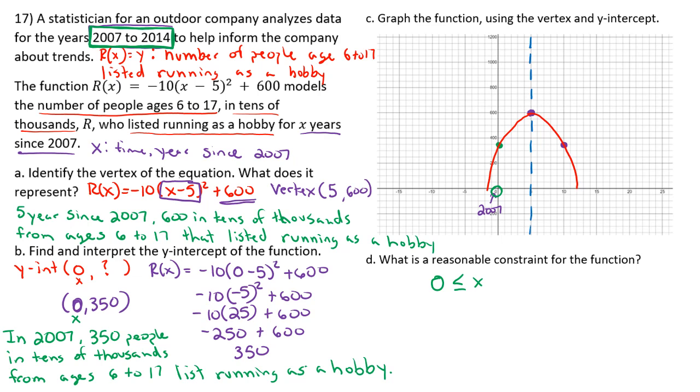But what's the largest number? Well, we ask ourselves, how many years does it take to go from 2007 to 2014? Well, 2007 plus 7 years is 2014. Therefore, 7 is the largest x we can have in our story. So therefore, the constraint, the part of the graph that we care about, is purely from when x is 0 to x is 7. Everything else is just extra. It's not necessary for our story.